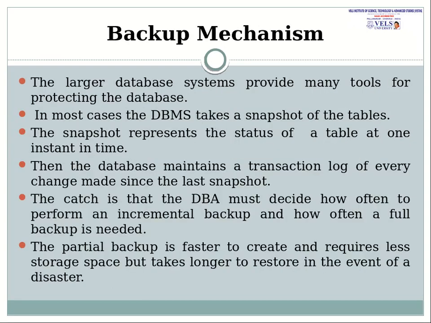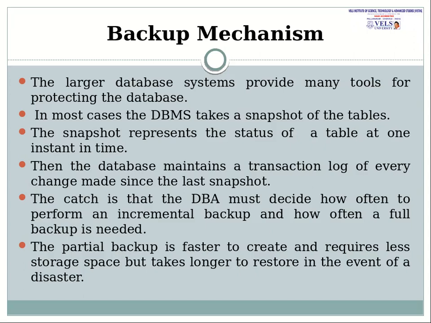And what are the mechanisms used for backup? Larger database systems provide many tools for protecting the database. In most cases the DBMS takes a snapshot of the tables. A snapshot is a tool that records the status of the table at a particular instant in time.